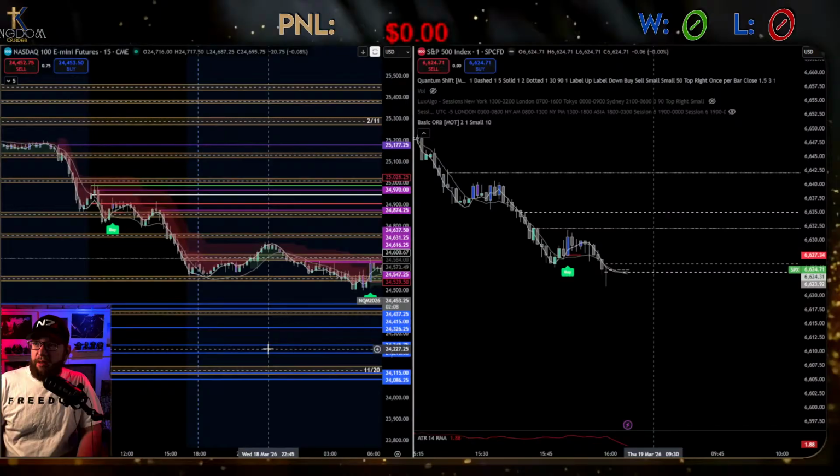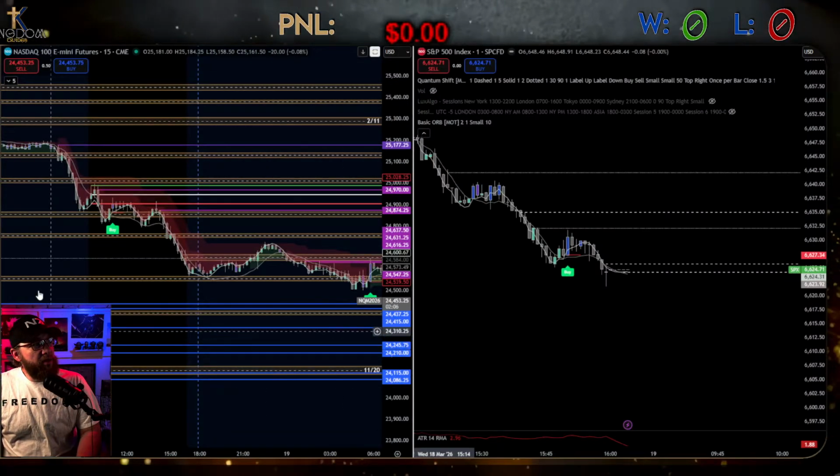Let's see. We are dumping. Big move down overnight, continuing this downtrend from FOMC yesterday. Go ahead and flip over to SPX to my 15-minute NQ chart.